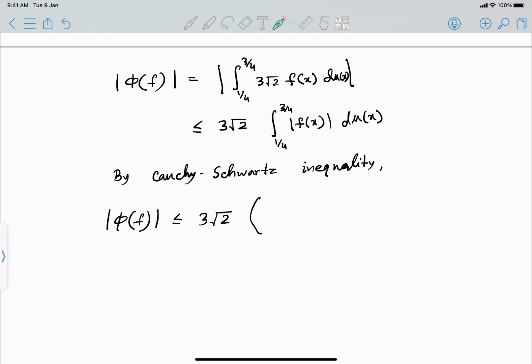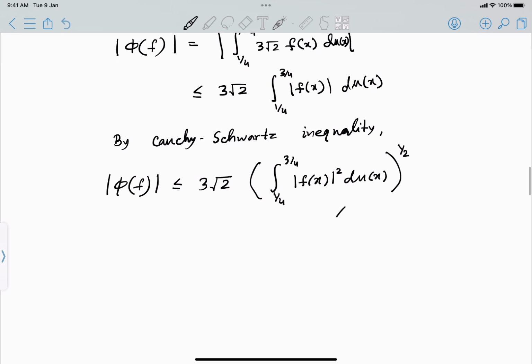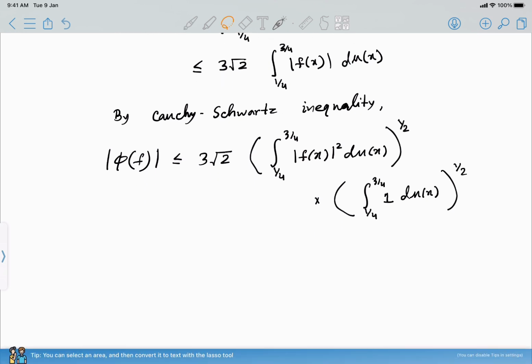We are applying Cauchy-Schwarz with the constant function 1. So this is less than 3 root 2 times the integral from 1/4 to 3/4 of mod f(x) squared d mu(x), to the power half, times the integral from 1/4 to 3/4 of 1 d mu(x), to the power half. Let me write the Cauchy-Schwarz inequality.